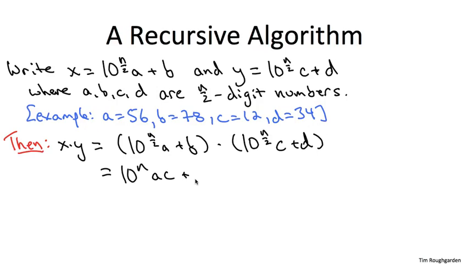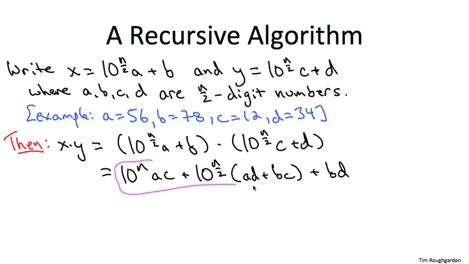We have a term that's shifted by 10 to the n over 2, and that has a coefficient of AD plus BC. And bringing up the rear, we have the term B times D. We're going to be referring to this expression a number of times, so let me circle it and give it a shorthand. We're going to call this expression star.